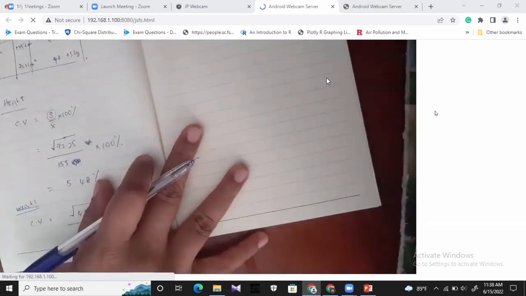Yes or no? The second value, 0.54. Yes, 0.54 is square root of 72.25 divided by 155. You need to multiply that term by 100 to convert it to a percentage value. Clear? 0.54 is correct.